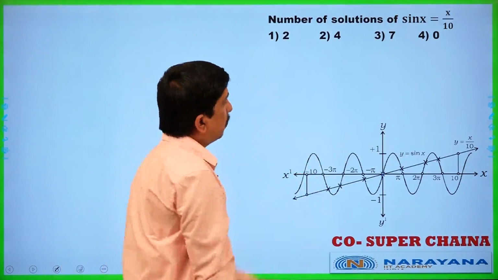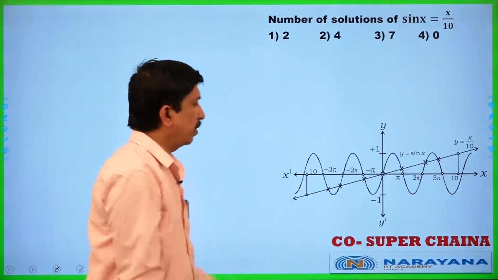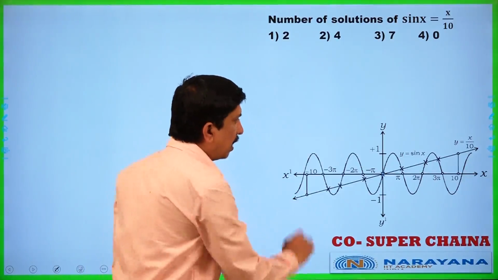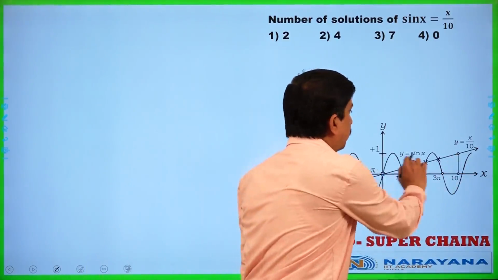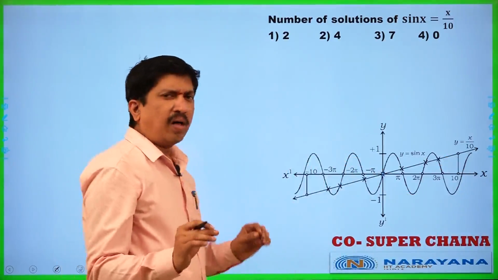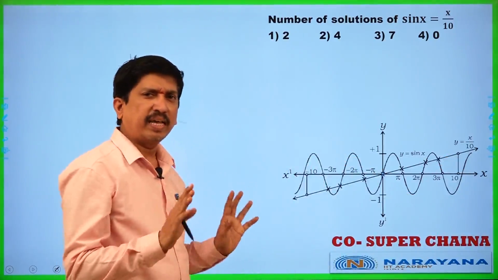Now minus 10 by 10 is nothing but minus 1, here you are getting it like that. 10 by 10 is 1, here you will get 1. Plotting all the points is not necessary. Draw the sin x graph.